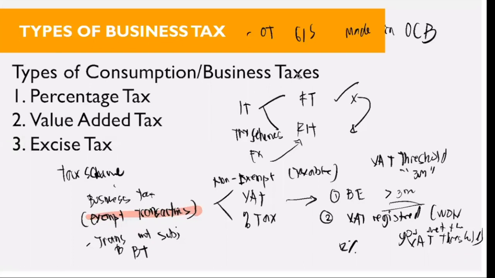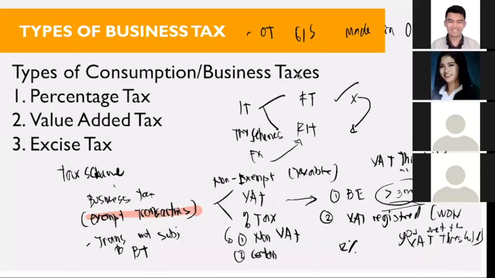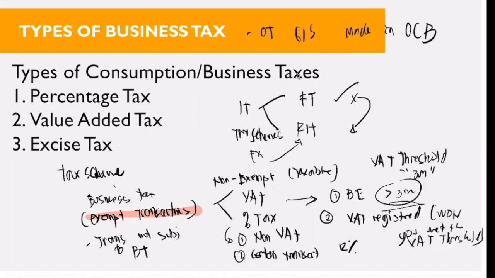less input VAT. Okay. So again, if you have a taxable transaction, you can be subject either to VAT if you have these two items, or you are subject to percentage tax. If you are non-VAT, meaning you did not meet the 3 million threshold and you are not VAT registered, and then you have certain transactions subject to percentage tax.